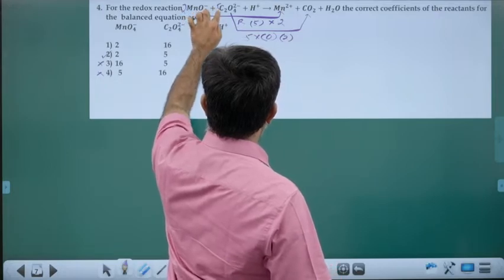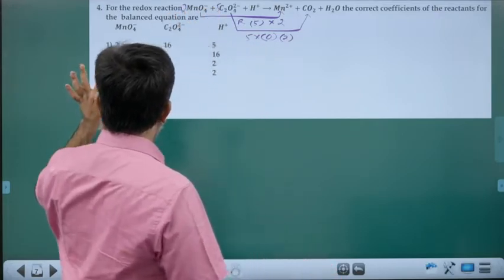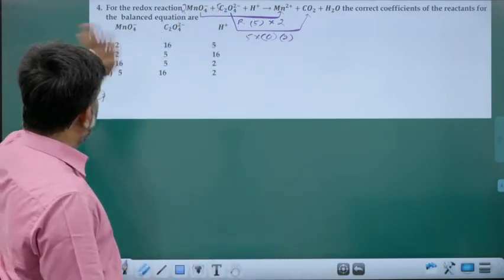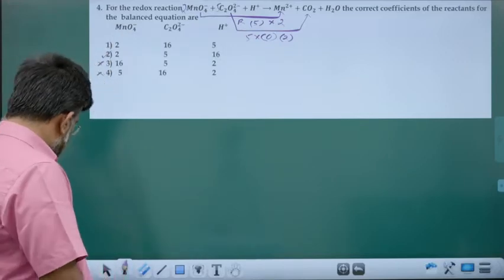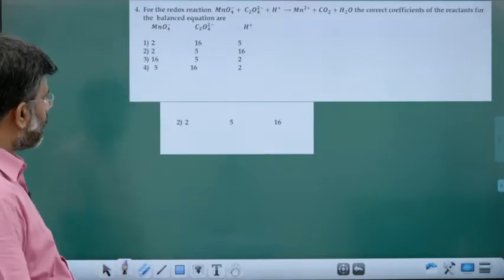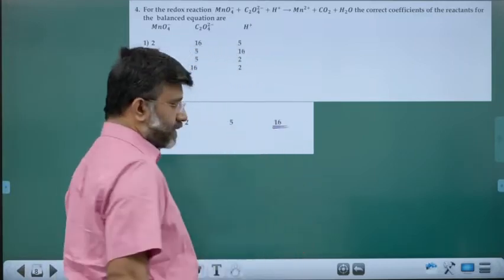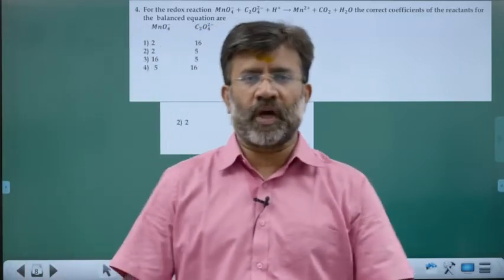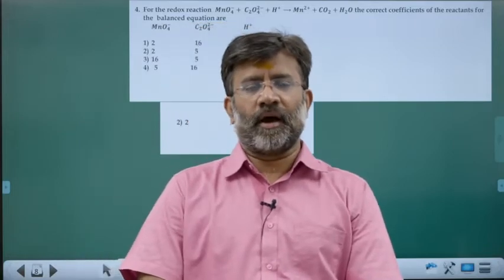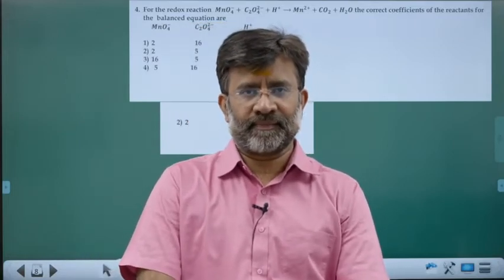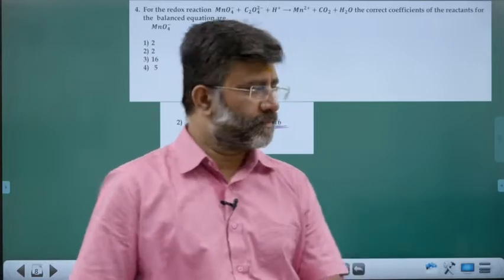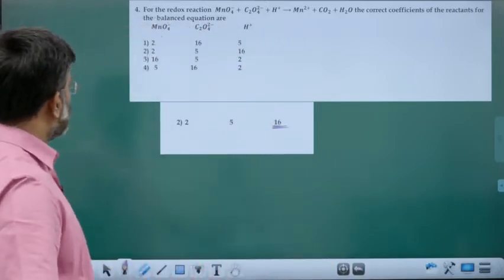So there will be a 5 over here and 2 over here. And you can see 2, 5, only one choice. Okay. And H plus will come as 16 H plus. Upon balancing the charge, you can find out how much H plus it is. Fine. Next question.